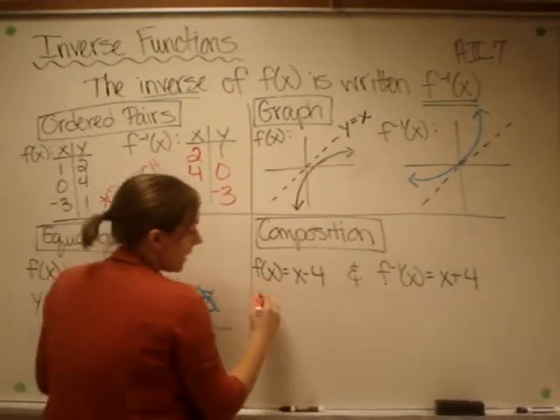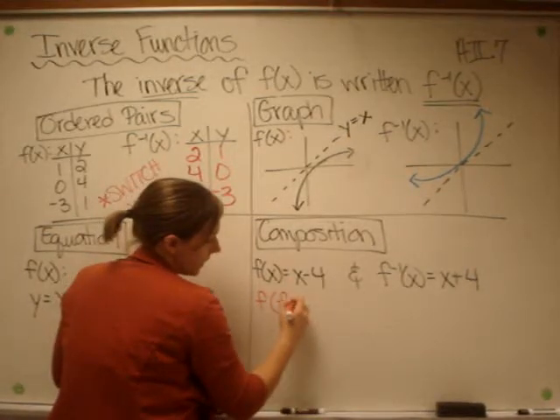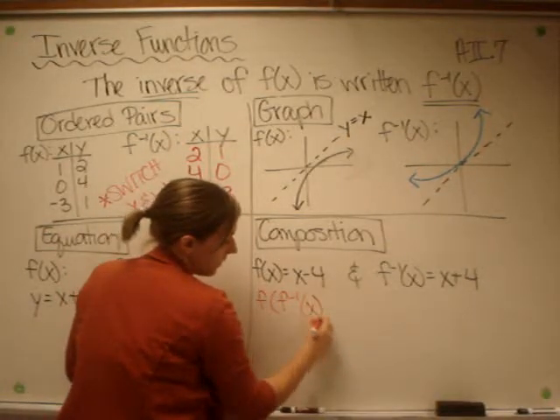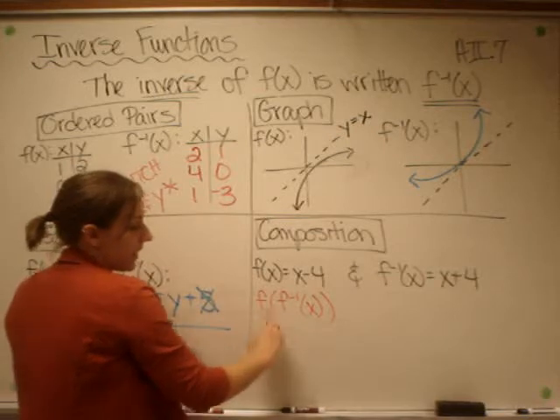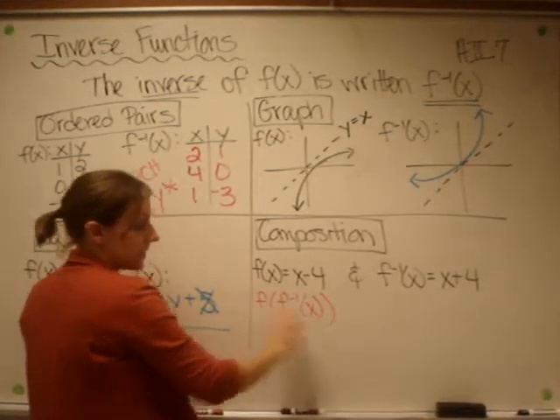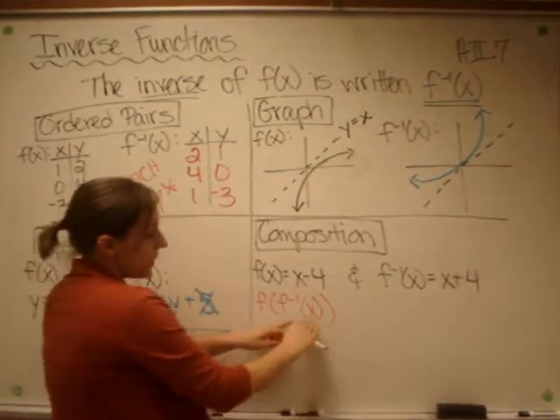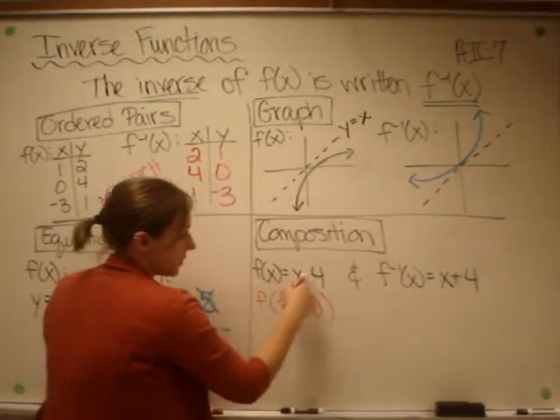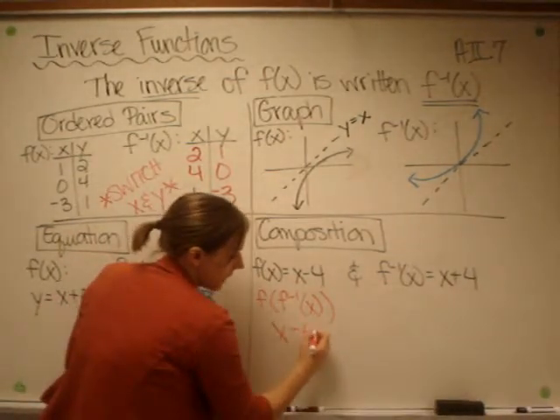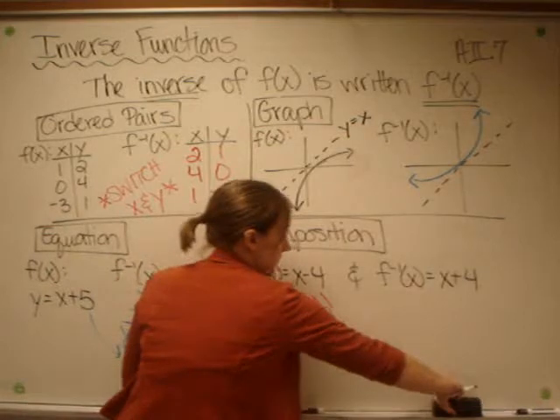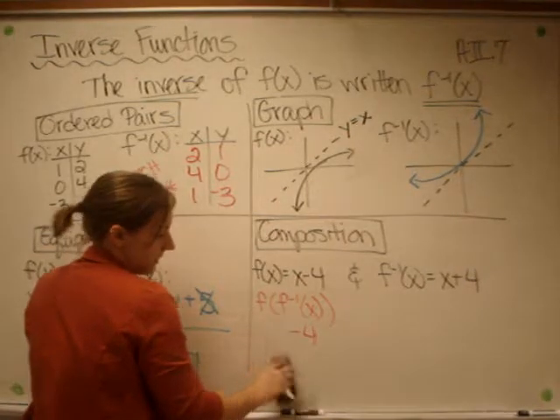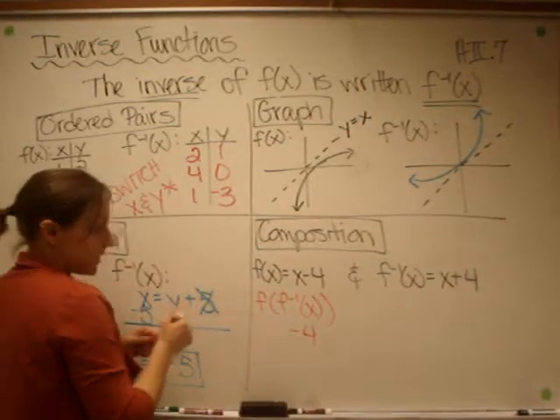So if I take f of its inverse of x, f of the inverse of x, that means I take f of x, which is right here, x minus 4, I take out the x, just like I normally would.